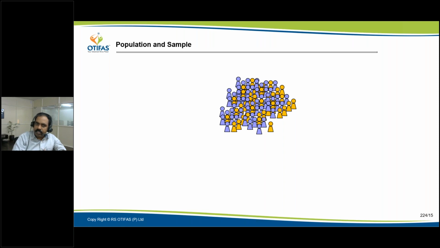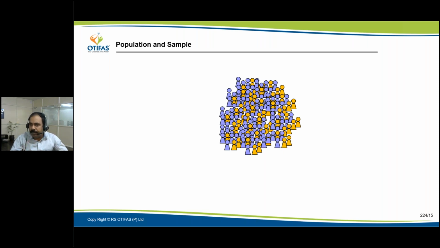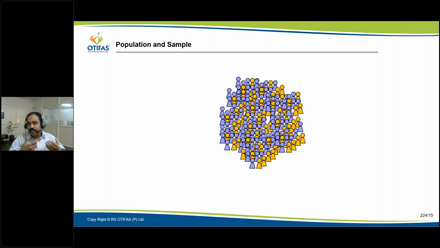Is it possible that I will study the behavior of all the people of that company? For example, Toyota has around 1 million, around 10 lakh people working there. Is it possible that I give this survey to all 10 lakh people of Toyota? Or Maruti, or Reliance, where around 2 lakh people are working. If I want to study the data of the complete population, is it possible?